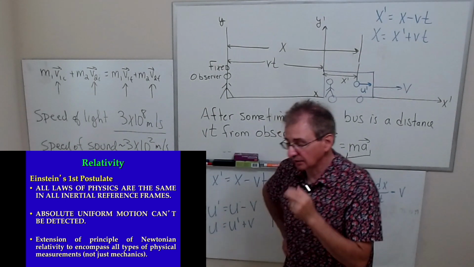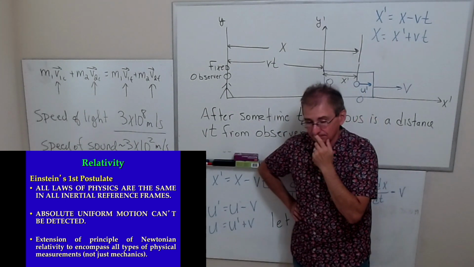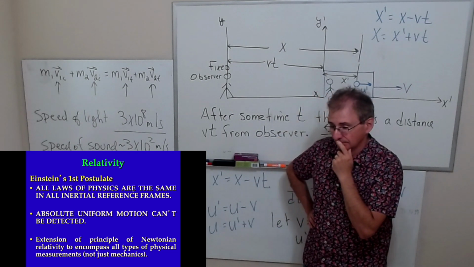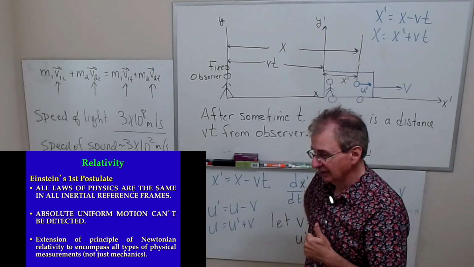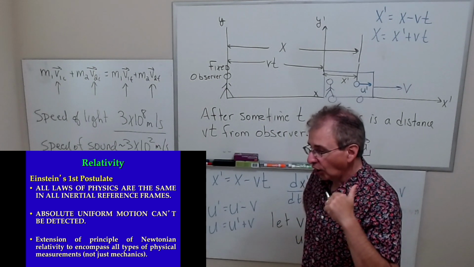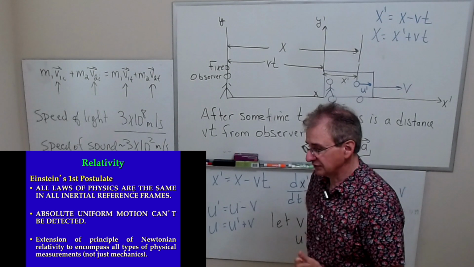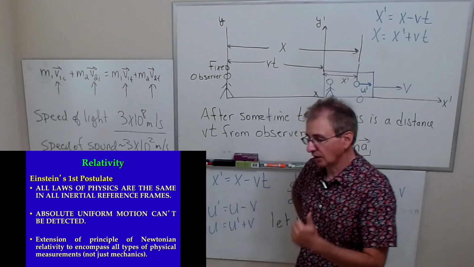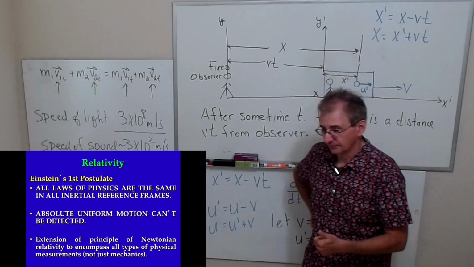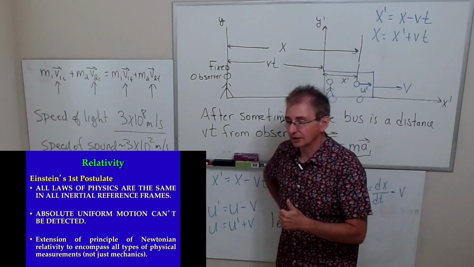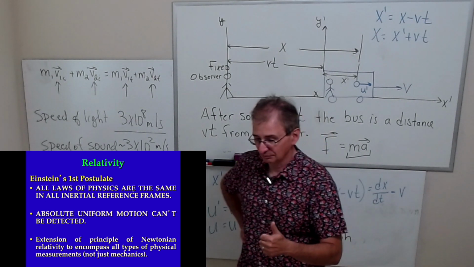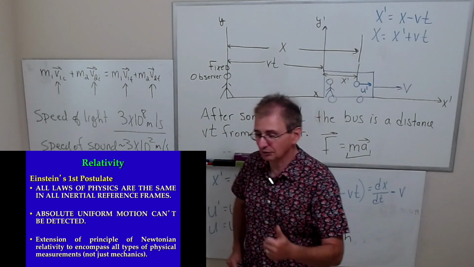And he came up with a couple of postulates. Einstein's first postulate says that all the laws of physics are the same in all reference frames. Not only Newtonian mechanics, but also electricity and magnetism.